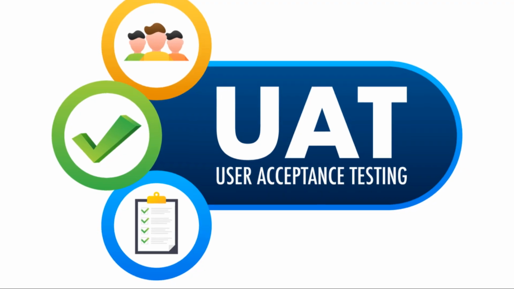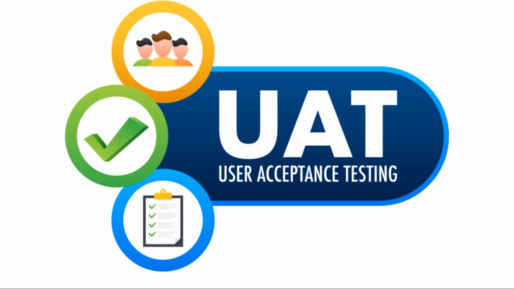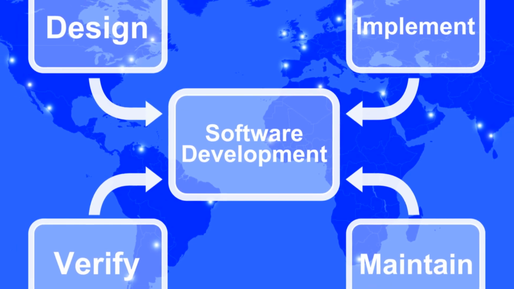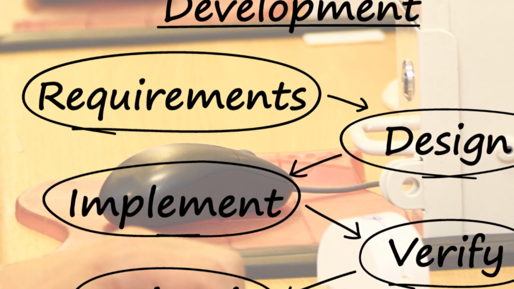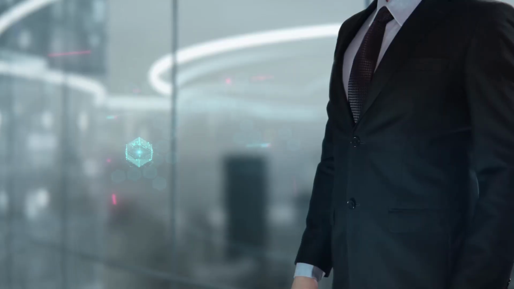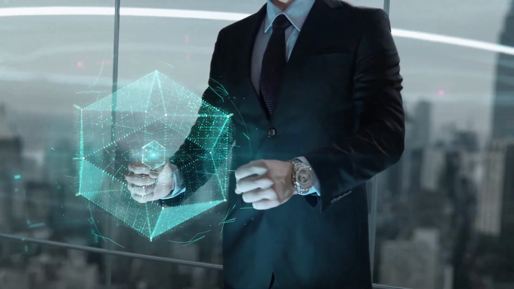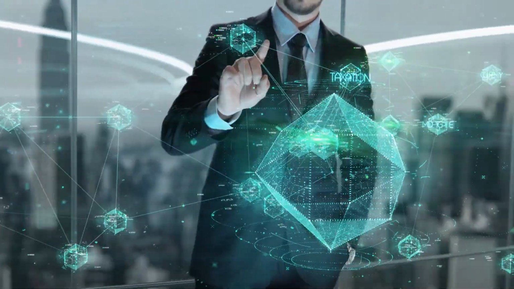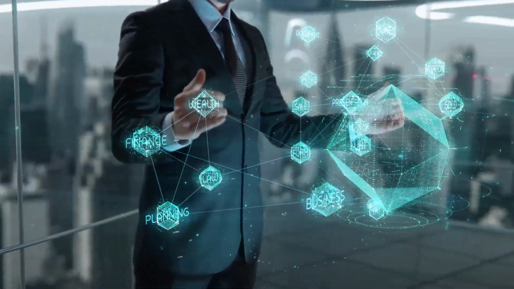Often referred to as end-user testing or business acceptance testing, UAT is conducted after all previous testing phases, such as unit, integration and system testing, have verified that the software meets technical standards and is free from critical bugs. However, UAT goes beyond technical validation and takes a user-centered approach to determine if the application is fully functional, intuitive, and aligned with user needs in a practical, business-specific context.